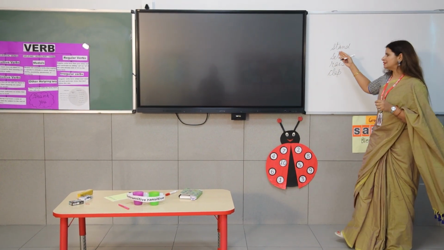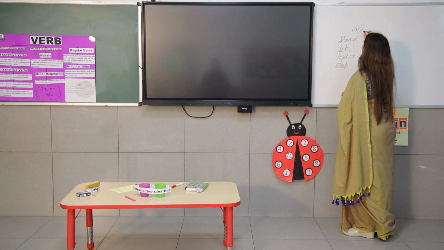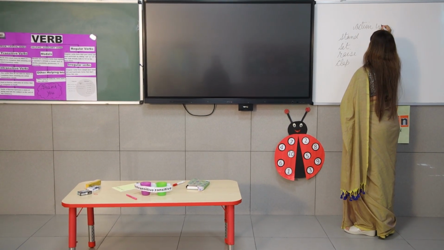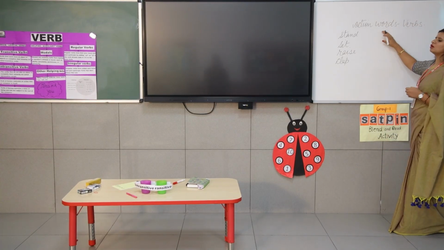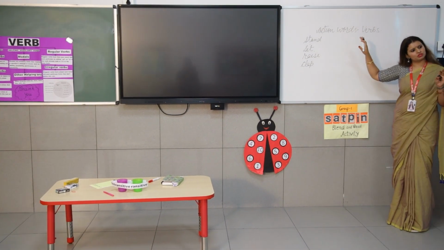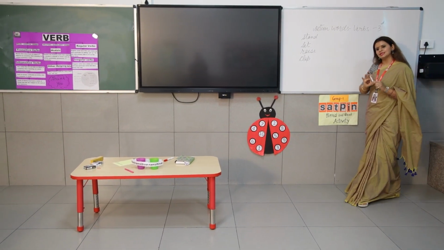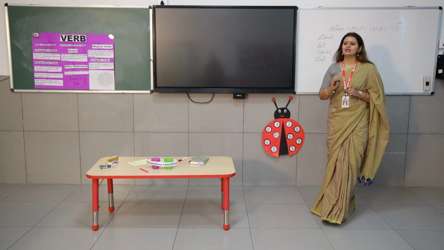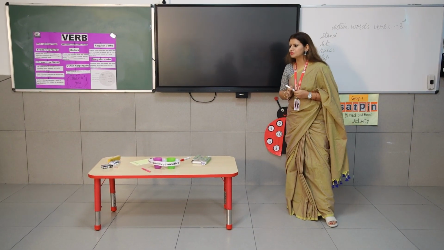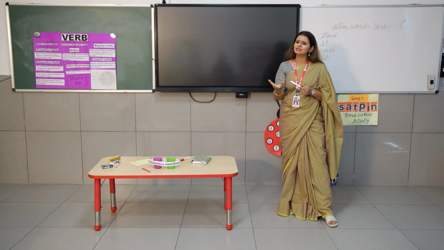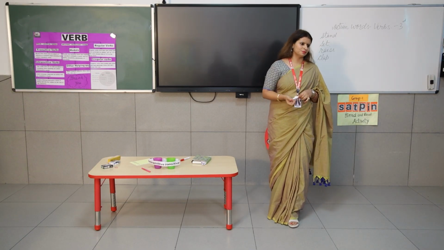So, now, this concept that action words are verbs was taught to us when we were in class 3. This is a common concept. Everyone knows. Even a class 4 or 5 child can tell you what verbs are. You say the word verbs, what are verbs? The first definition which comes to everyone's mind, even from children sometimes, is that verbs are action words, right?